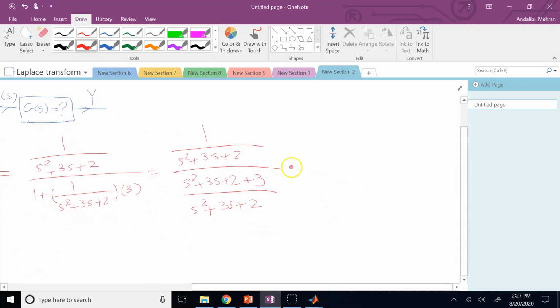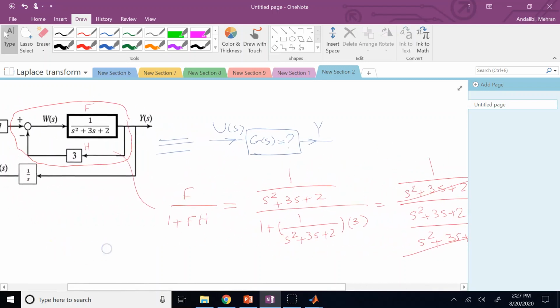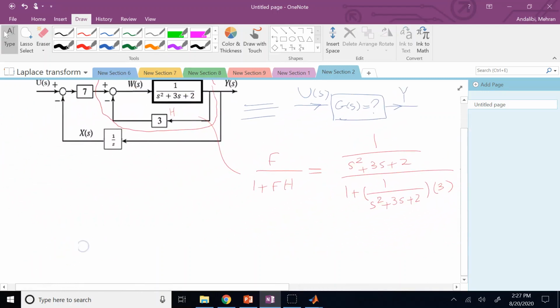So your simplification is 1 over s squared, these two will go away, over 3s plus 5. So this is the simplified version of that whole thing.